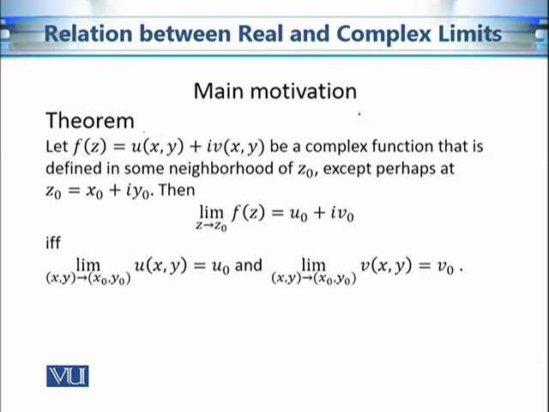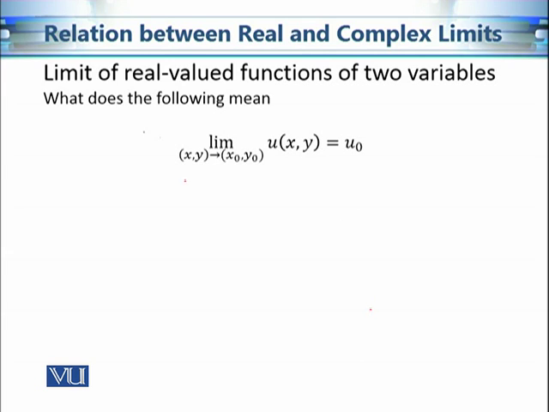In fact, the result says that calculating this limit is logically equivalent to calculating these two separate limits, and these two limits are limits of real valued functions. So that's why we want to understand what the limit of a multivariable real valued function means.